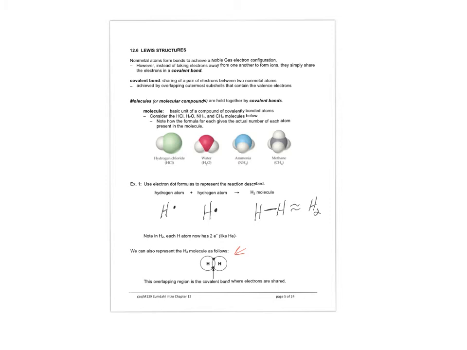But you'll notice that each molecule is covalently bonded here, but not all of them are nonpolar. Some of these are very polar, like water and ammonia. Methane is very nonpolar. So these two are nonpolar, while these two are very polar.